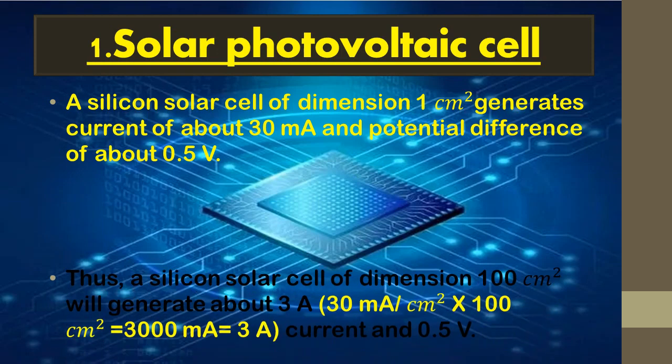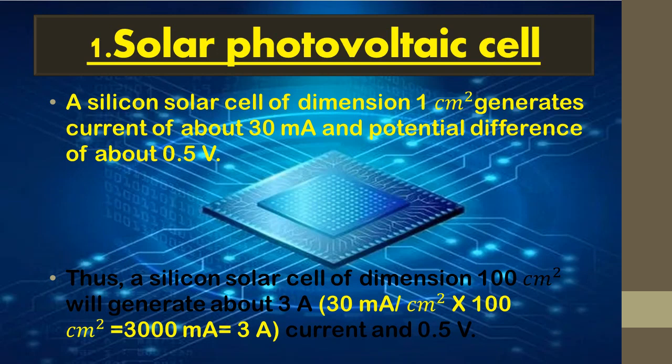And thus a silicon solar cell of dimension 100 centimeter square will generate about 3 ampere current, and 3 ampere is nothing but 3000 milliampere, with a potential difference of 0.5 volt. Remember that the potential difference available from a solar cell is independent of its area.